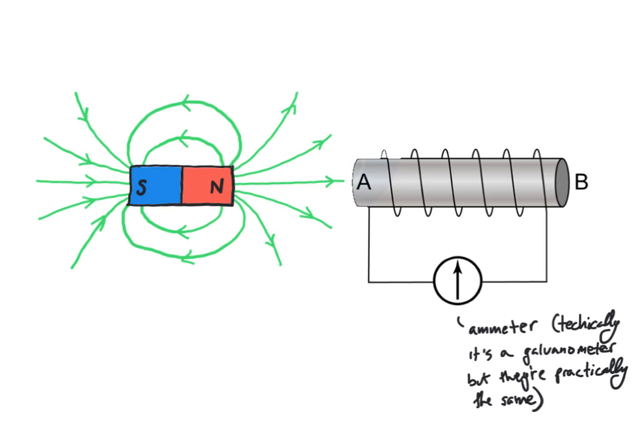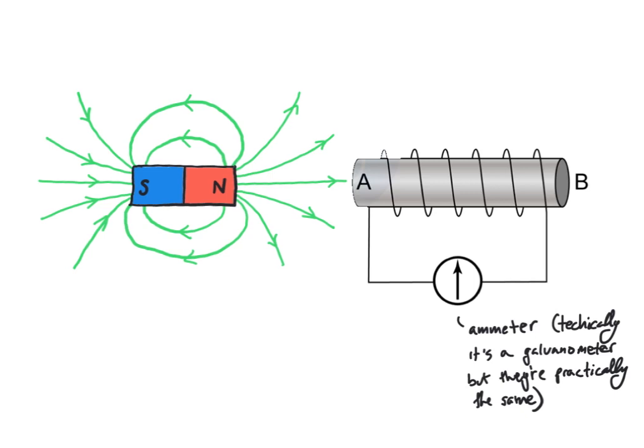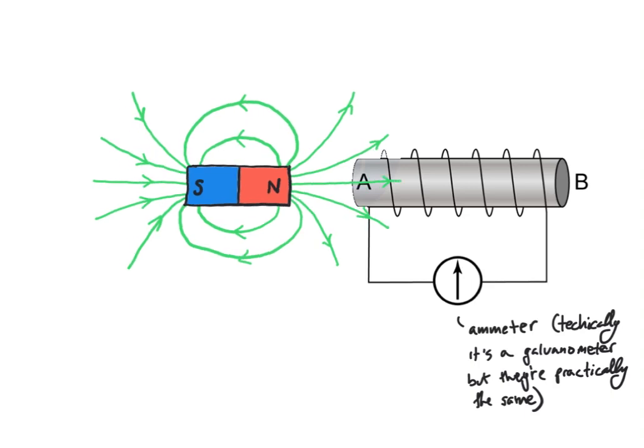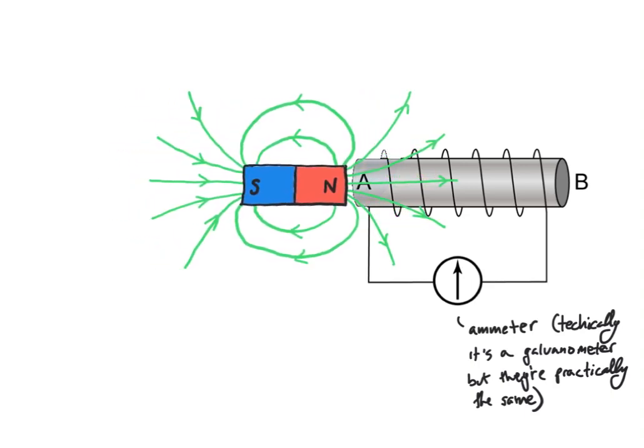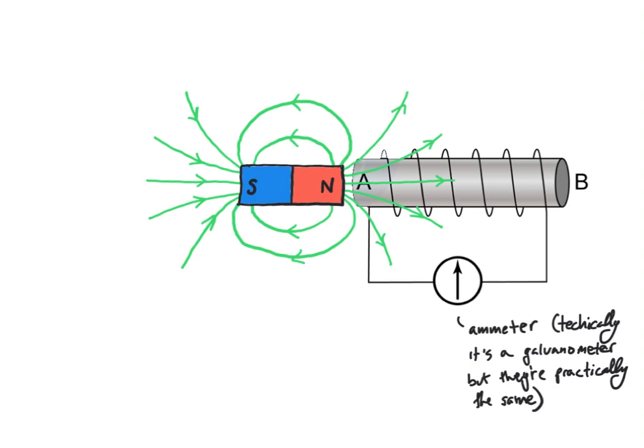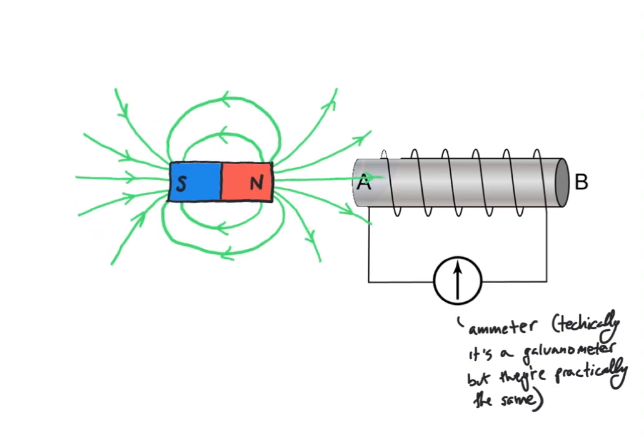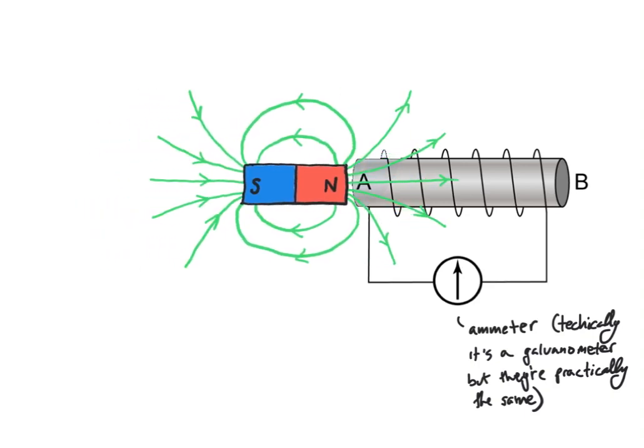But here's what happens. If I take this magnet and start to move it closer and closer to the solenoid, the magnetic field through the solenoid is getting stronger because the magnet is getting closer. It turns out that when this happens, there is a current generated inside the solenoid. The changing magnetic field causes current to start to flow.